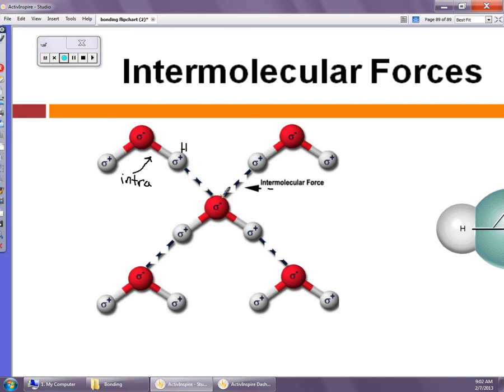Now this force here, because this is a polar molecule called a dipole, and since the next water molecule is also a polar molecule and also has a dipole, these forces that we are talking about are going to be called dipole-dipole forces.